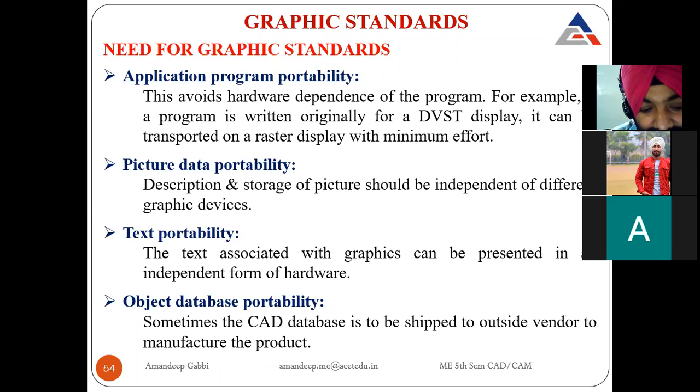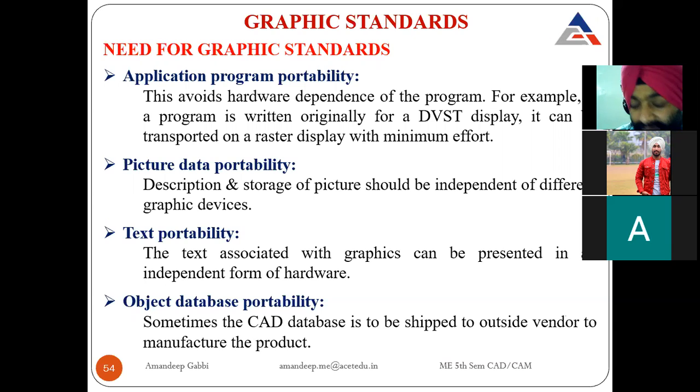Object database portability. Sometimes the CAD database is to be shipped to outside vendors to manufacture the product. Generally, what happens is, if a car is being manufactured, you will design a headlight of the car. When you have designed that headlight, you cannot manufacture it yourself.